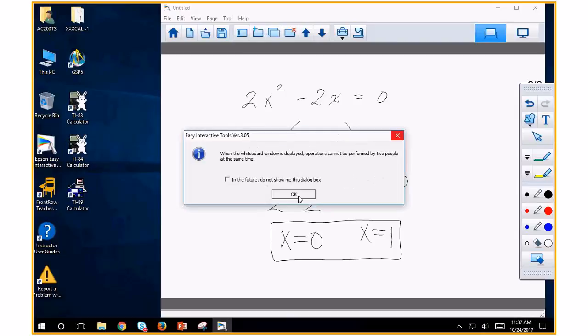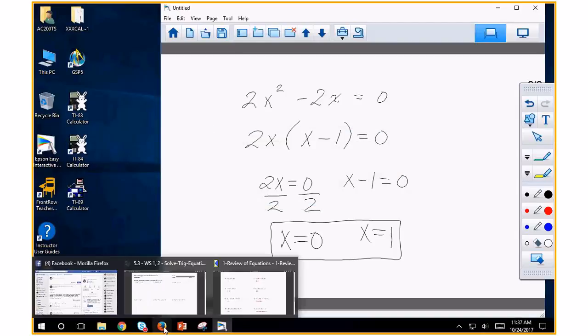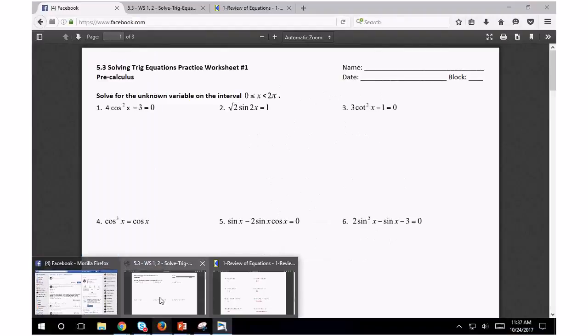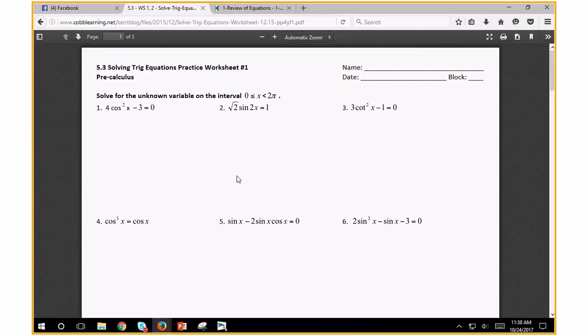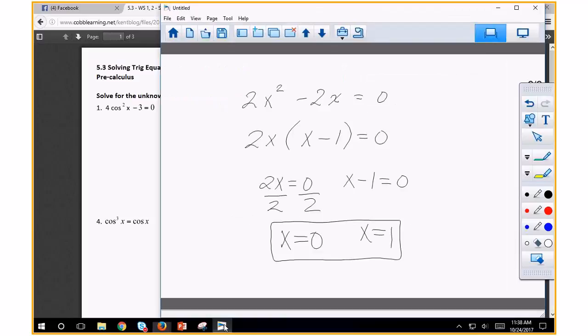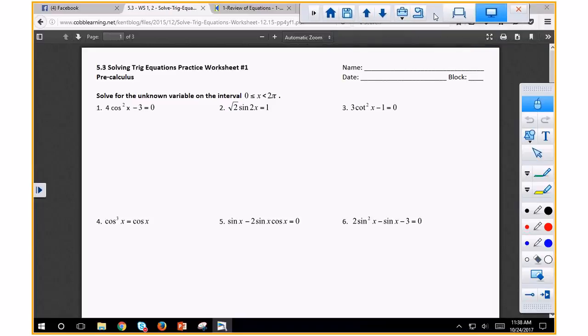Now, what does that mean? That means I'm going to revert back to trig. Hopefully I can pull up one of these. All right, let's look at this one. Do number 1. And if you can't do it, just consider yourself what? A failure or a loser, either one.